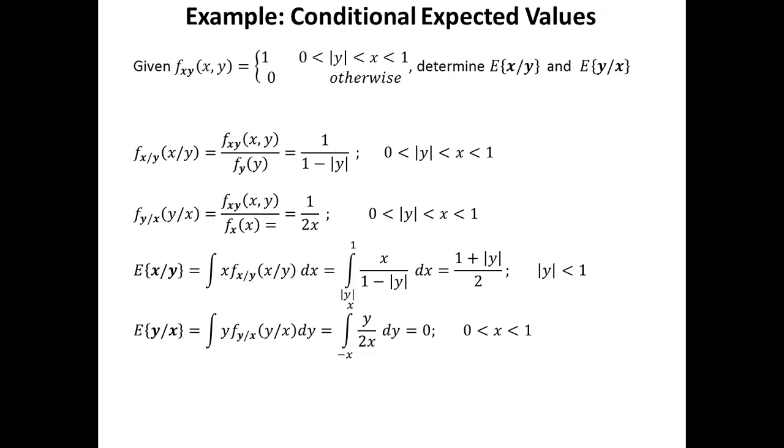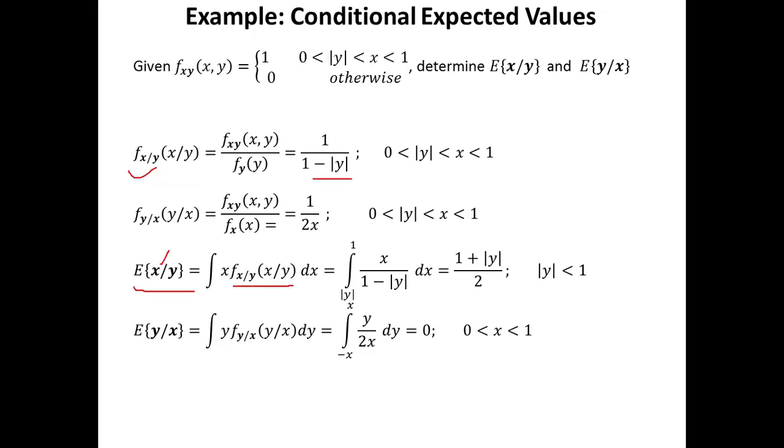The expectation of event x provided event y has already happened is the integration of x multiplied by the conditional density function f x by y.